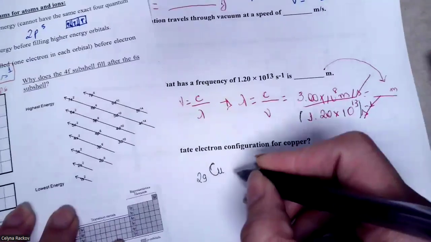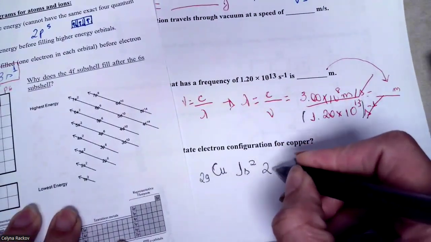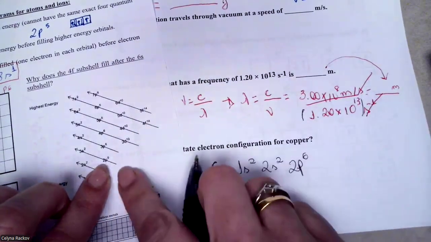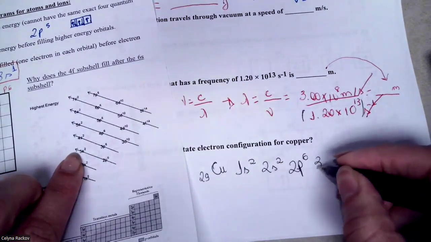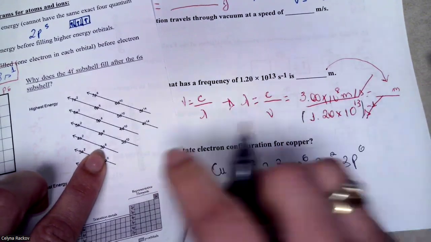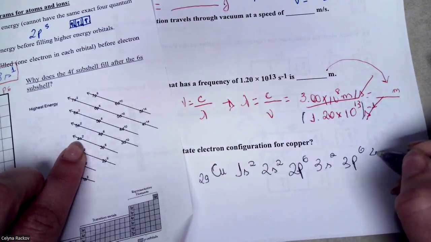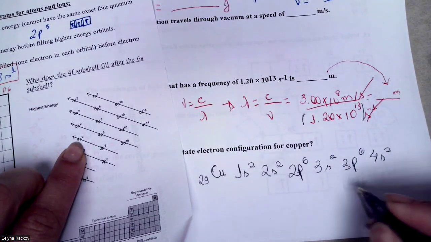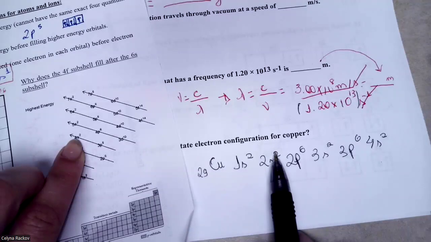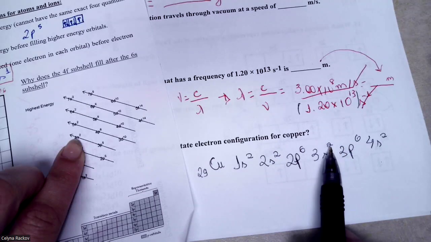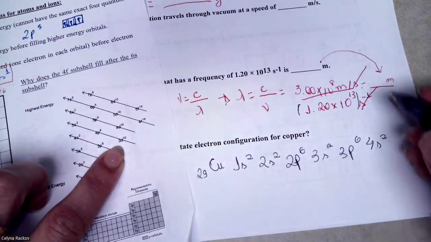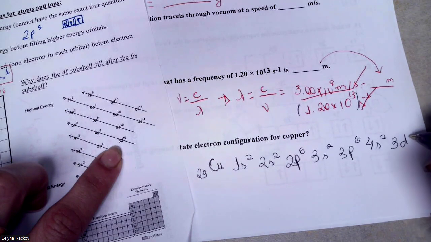So 1s2, 2s2, then 2p6, next 3s2, next 3p6, next 4s2, and then let's count it here, right? 2 plus 2, 4 plus 6, 10, plus 2, 12, plus 6, 18, 4s2, 20, then 3d9 will be, right?